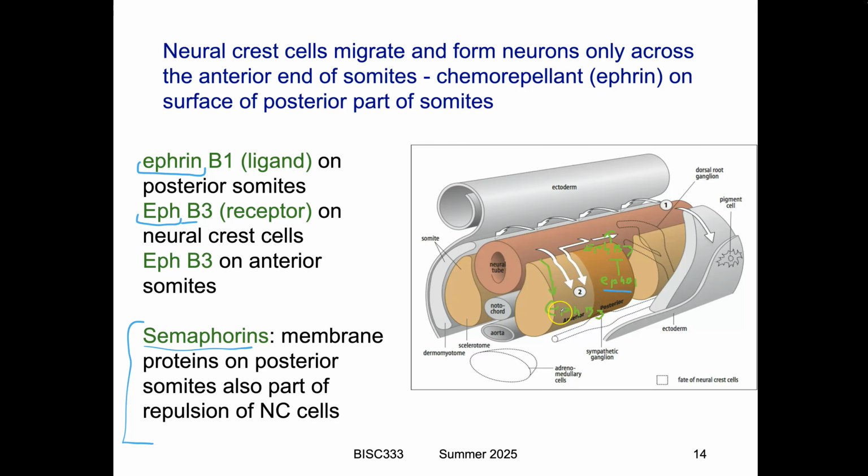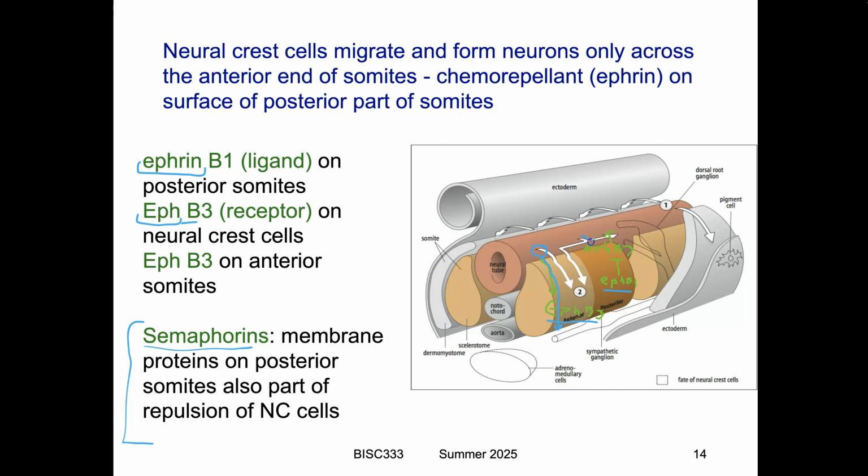The anterior part of the somites are also expressing the receptor. So when a neural crest cell with the EphB3 receptor is migrating across here, the other cells have receptor for the same ligand, but it never encounters the ligand, so it's able to just move across and through very easily.